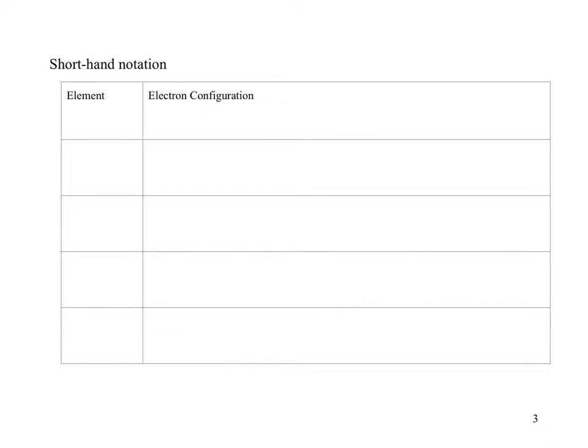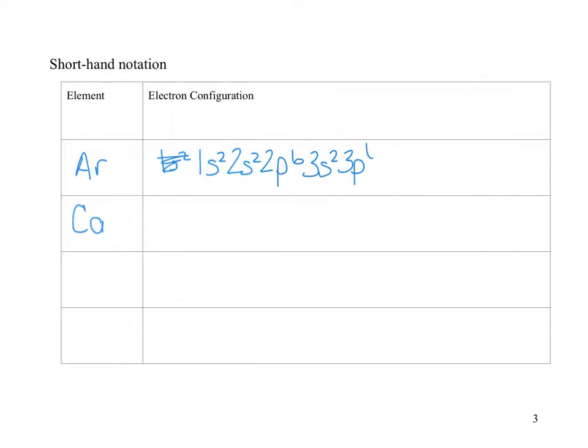Alright, so hopefully using the periodic table has made life easier for you, and now I'm hoping to make life even easier. So I want you to flip... 2S2, 2P6, 3S2, 3P6, and that's argon.